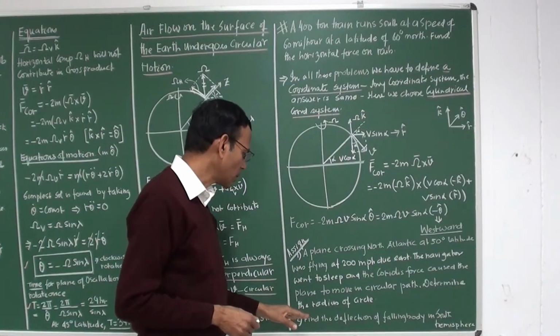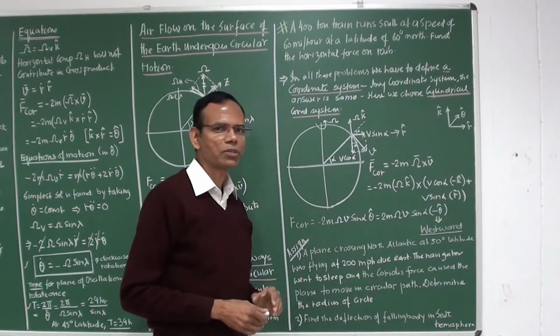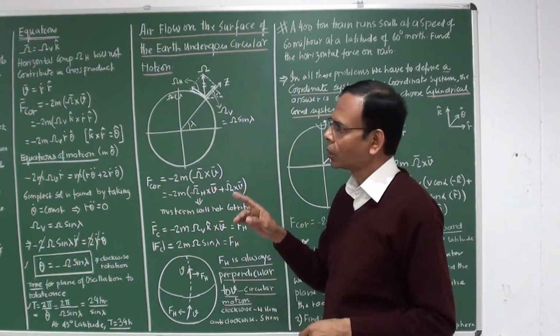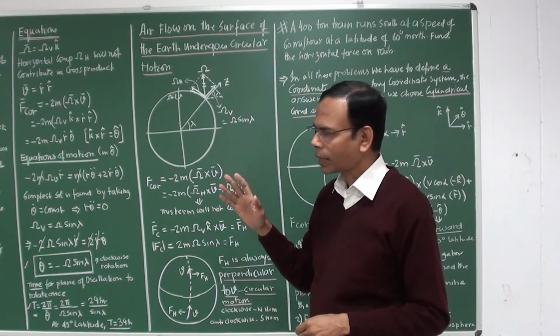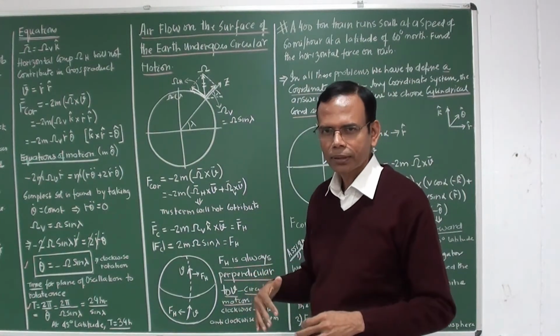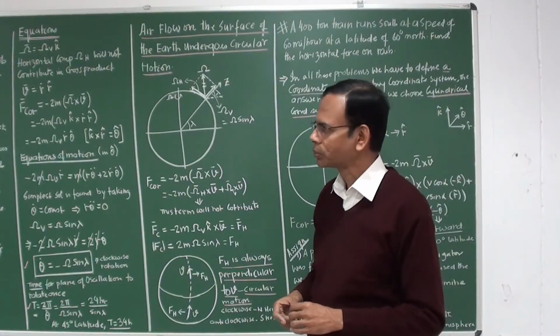The last one: find the deflection of a falling body in the southern hemisphere. The falling body that we have done was in the northern hemisphere. I did not tell you anything about the southern hemisphere. Things will be a little different. Try to visualize first and then you can see some from the book also.